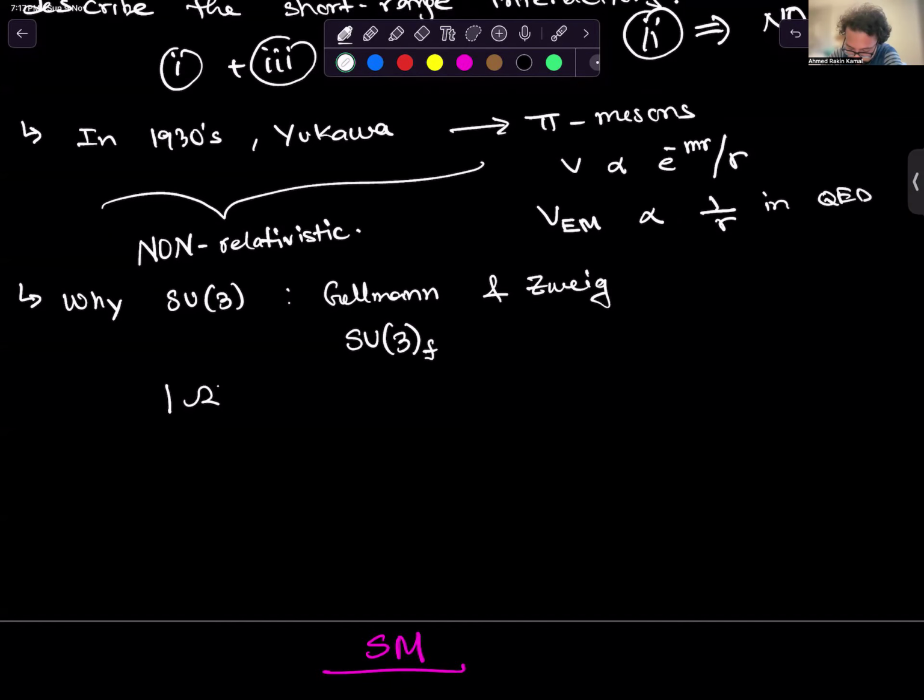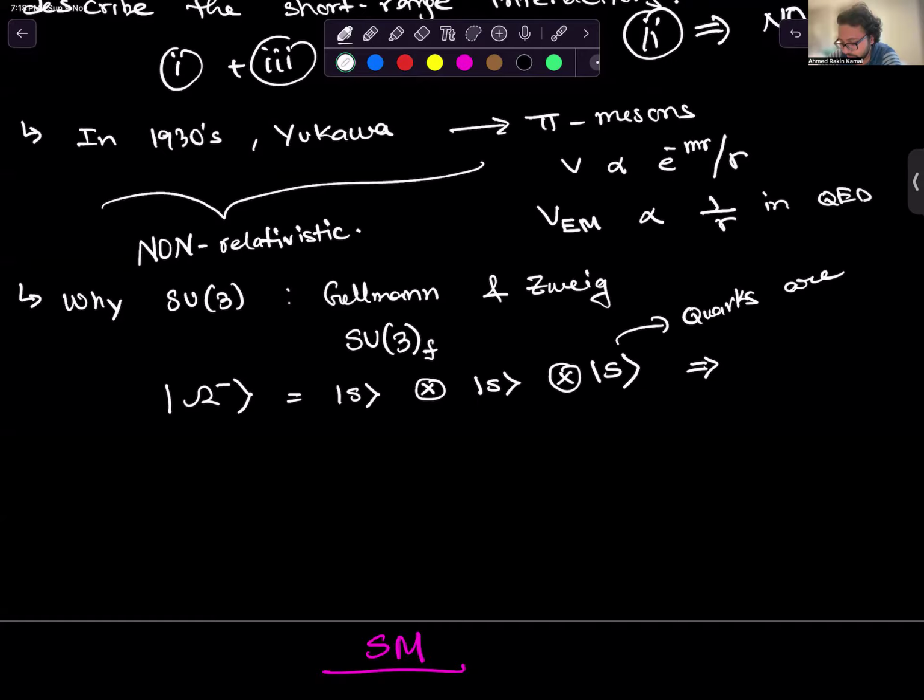For example, when people detected the strange quark, which is one of the quarks we'll see, it had a state which was like this. But as we know, quarks are fermions, so 3 of them cannot be in the same state. And this violated the Pauli exclusion principle.